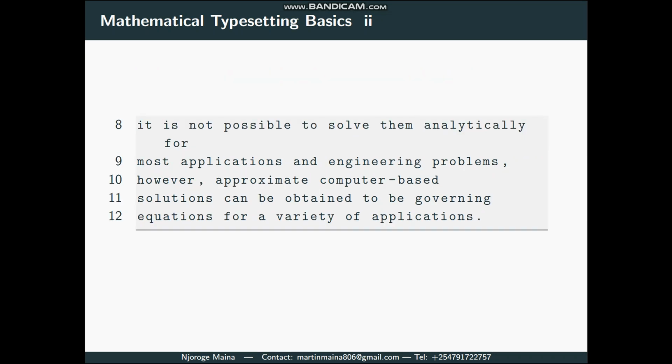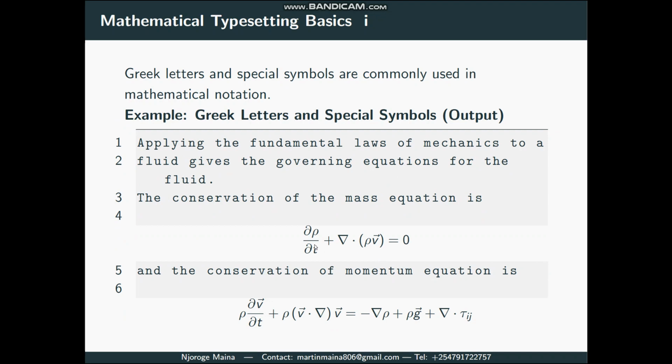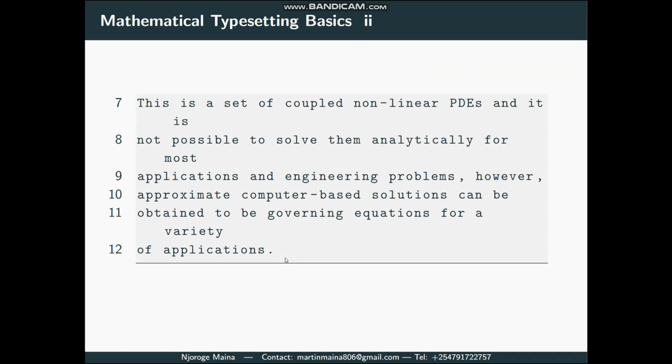You see how it can simplify your work. So this is rho, this is partial, this is rho, this is nabla, this is rho. So if you have Greek letters, don't worry about that. LaTeX covers that. You can just Google the Greek letters and find how to use them in your document.